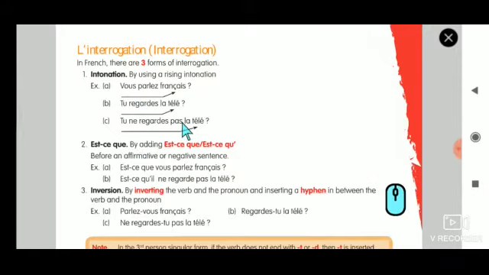Tu ne regardes pas la télé? These 3 are statements that become interrogation only by giving intonation. As you raise the volume at the end of the sentence, that becomes interrogation. To point it out in a document, we have to use an interrogative symbol to show that it is intonation.